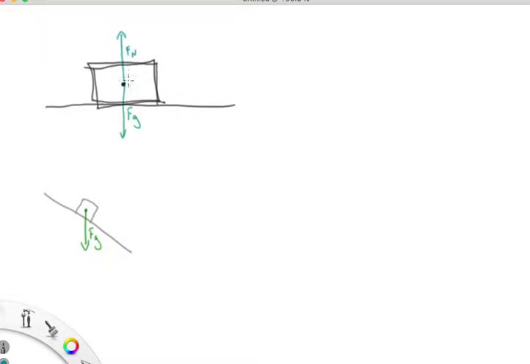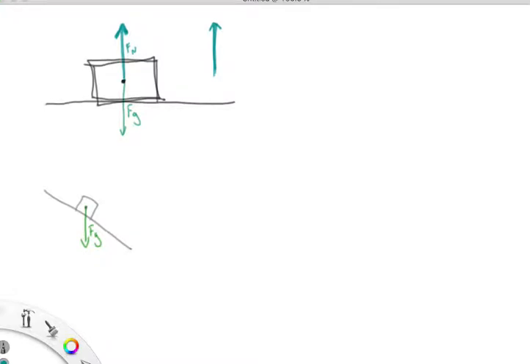So in this case, if you add this force vector, which has a direction and a magnitude, it's a vector, to that vector right there, we do the tip to tail method. So that's the normal force, and we add that to the gravitational force.